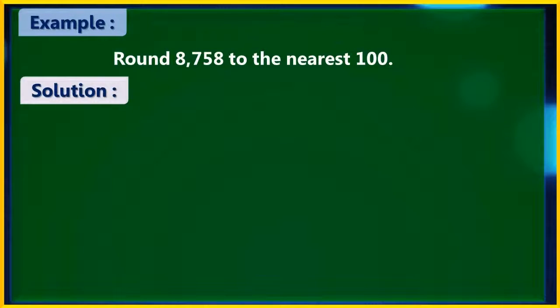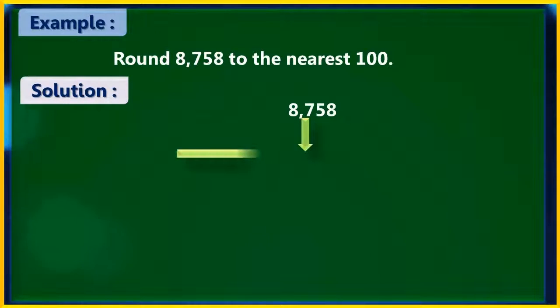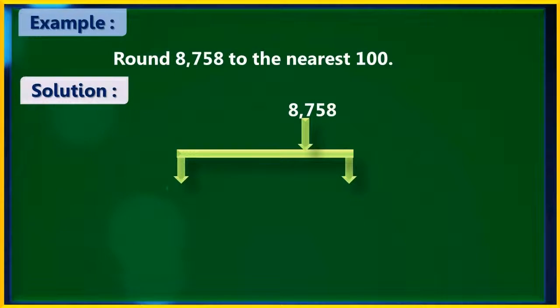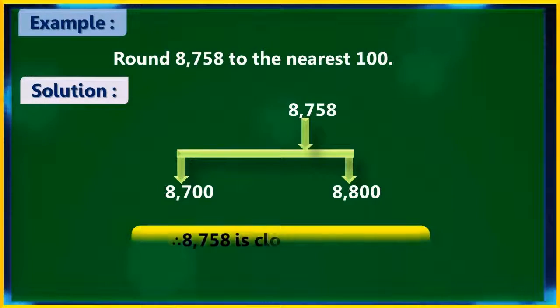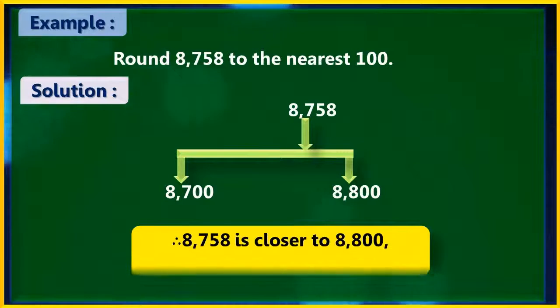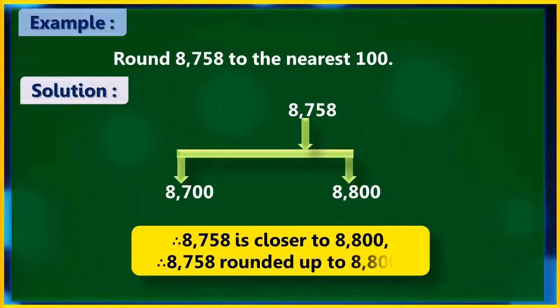Solution: since 8,758 comes between 8,700 and 8,800, and it is closer to 8,800, therefore 8,758 is rounded up to 8,800.